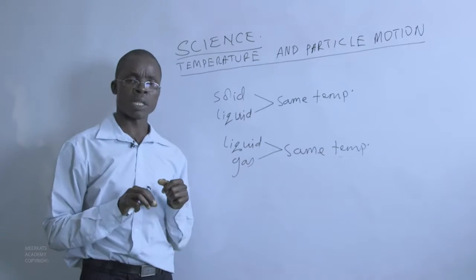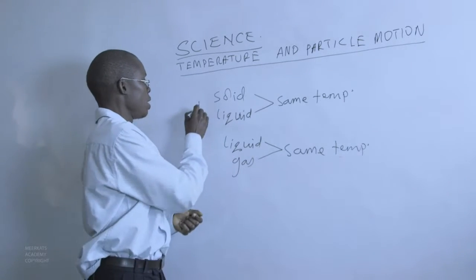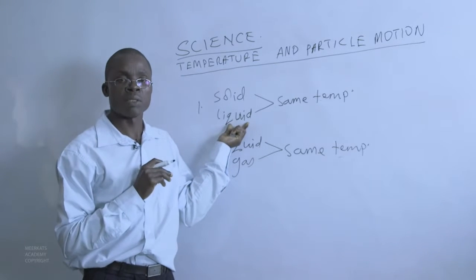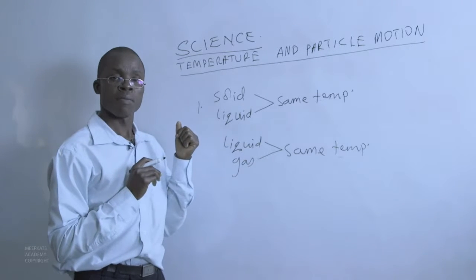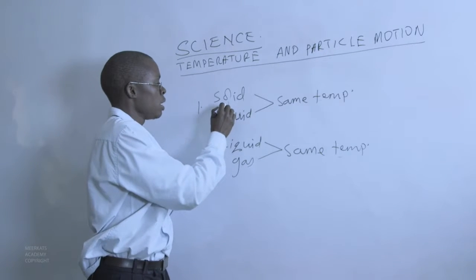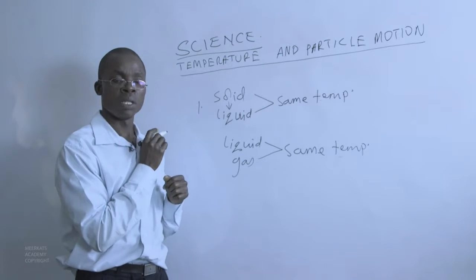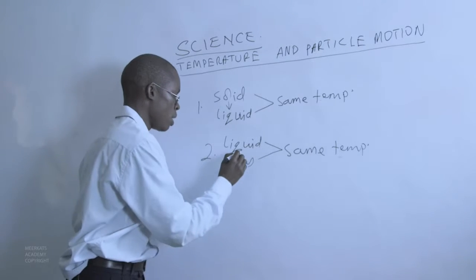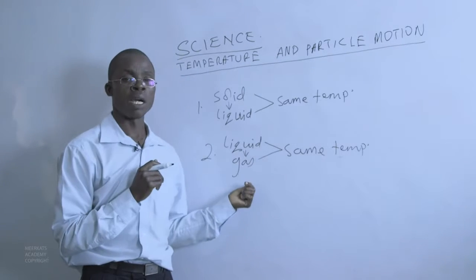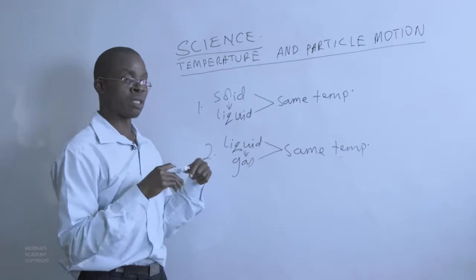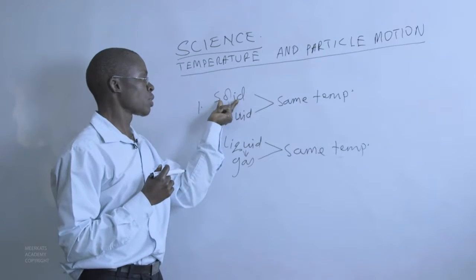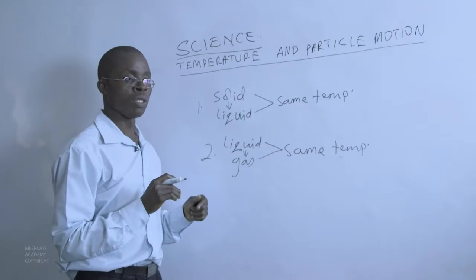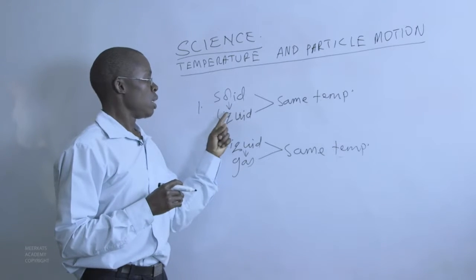Where do we get such cases? Case number one is when you are talking about the melting point of a substance. During melting, a solid is changing into a liquid. And in our second case, this is boiling, where a liquid is changing into a gas state. If it is, for example, water, we have ice cubes, which are a solid. As you expose them to a hotter condition, room temperature, they will start melting.